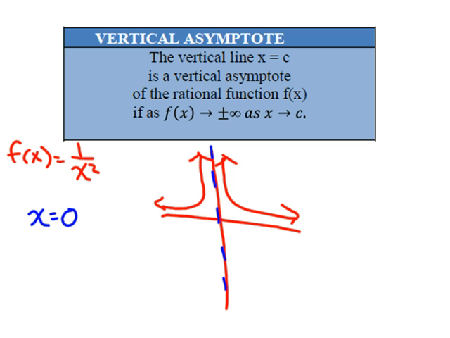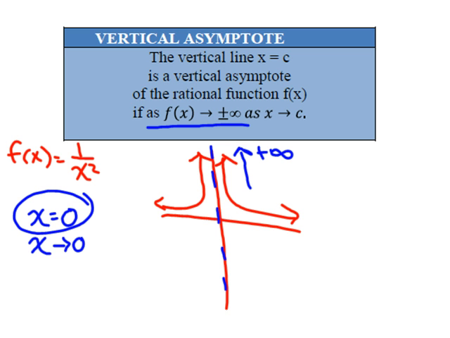Now, as f of x approaches positive infinity, our x will approach 0, the c value. Therefore, the vertical asymptote of this parent function, f of x equals 1 over x squared, is x equals 0.